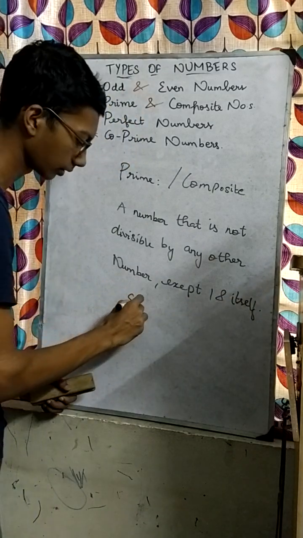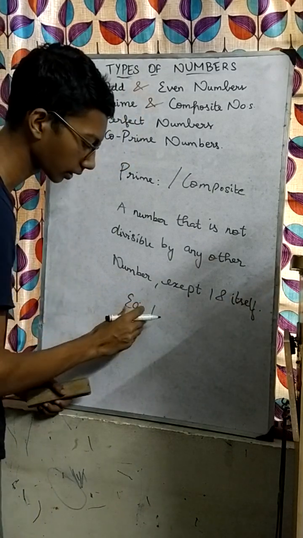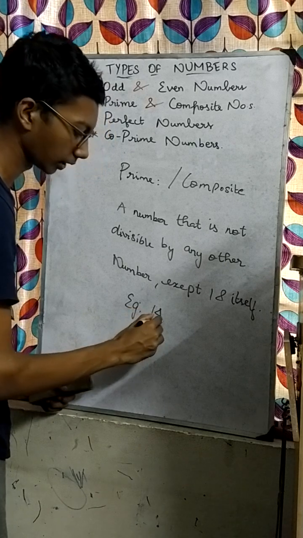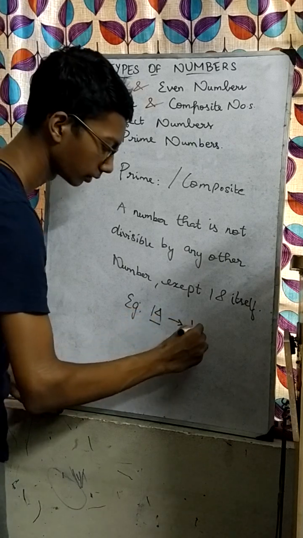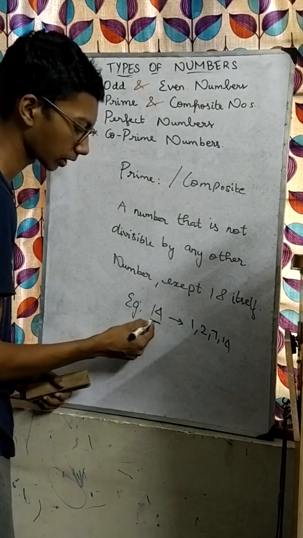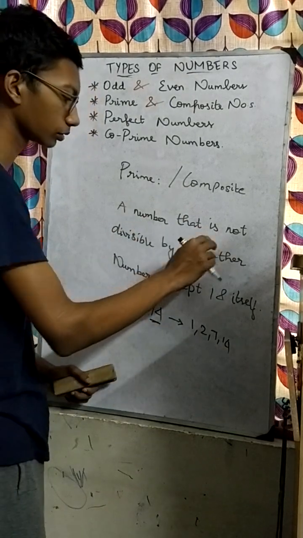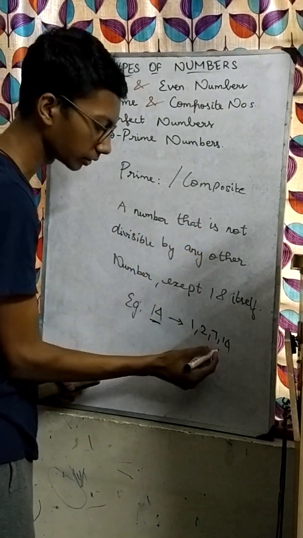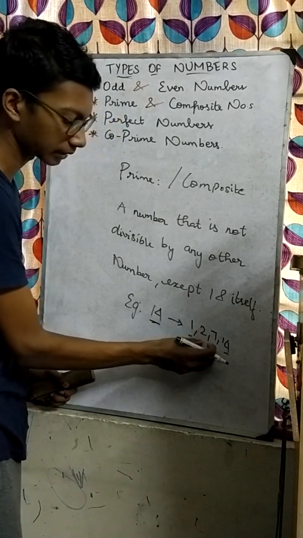Let's have an example. Let's take a number like 14. 14 is divisible by 1, 2, 7 and 14, which means this is not a prime number, because a prime number should be divisible only by itself and 1, not any other numbers.